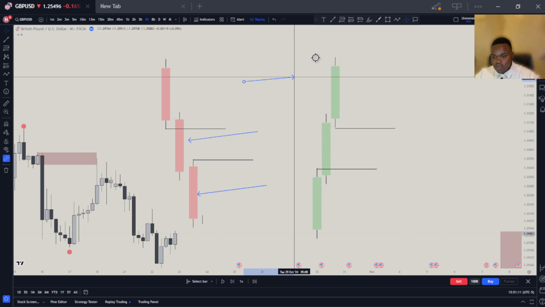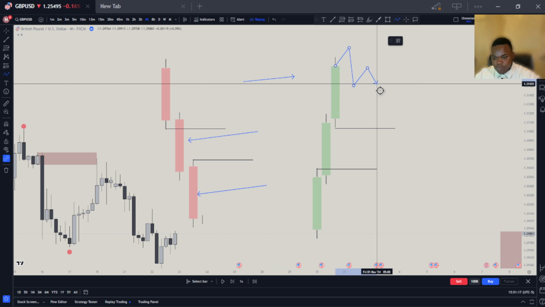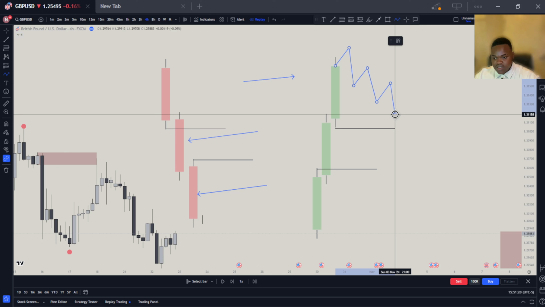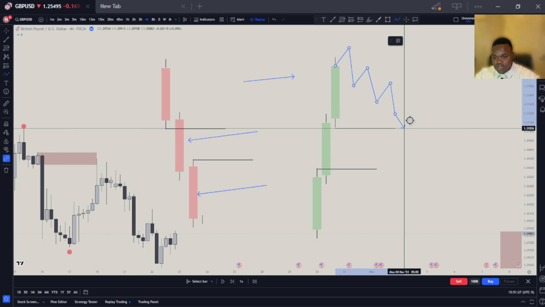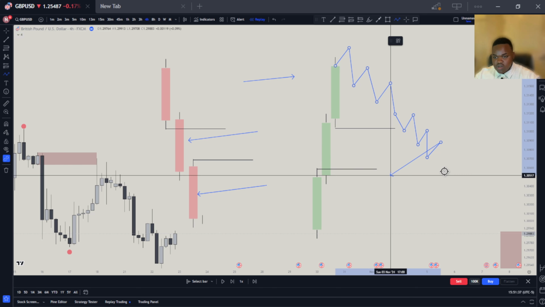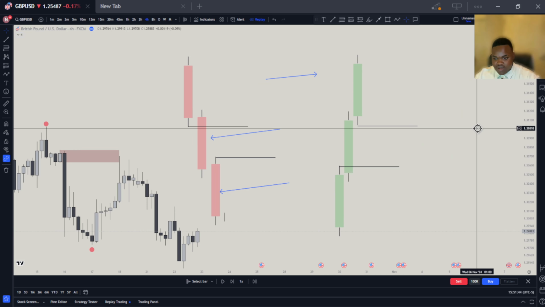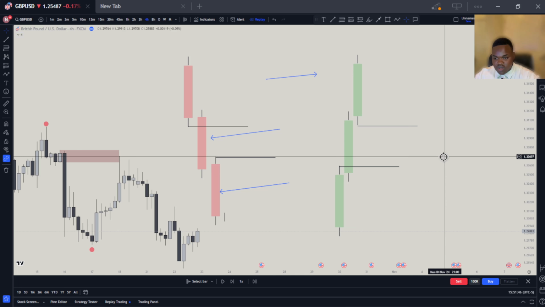So sometime in the future, price has to come back down and fill this inefficiency right here, fill it to the top of candle 2, and also maybe come back down and fill it to the top of candle 1 here before resuming the main buy trend.